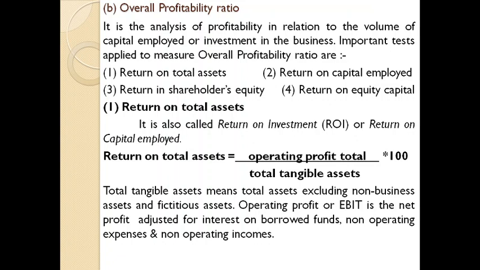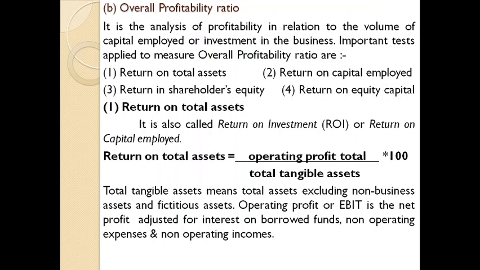Non-business assets means those assets which do not have any relation with the current business which the concern is dealing with. For example, if I own a company, it may be a shoe manufacturing company. An example of a non-business asset is if I invest a certain sum of money in the share market or in real estate.